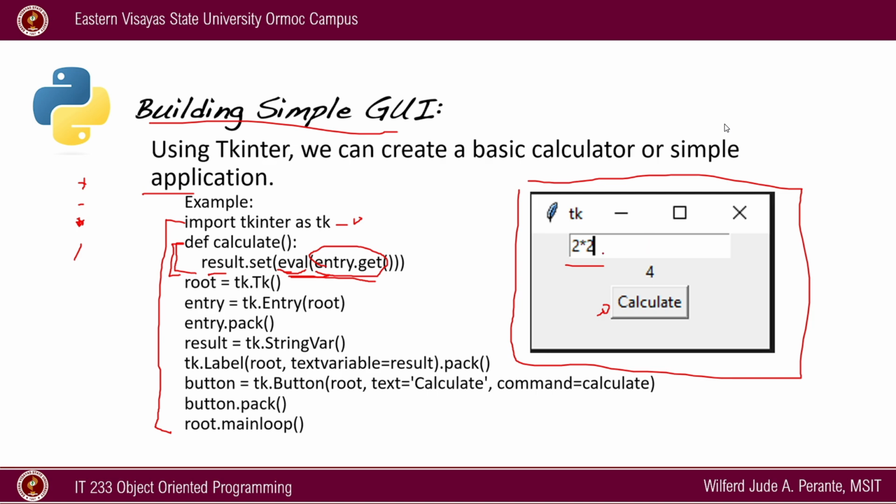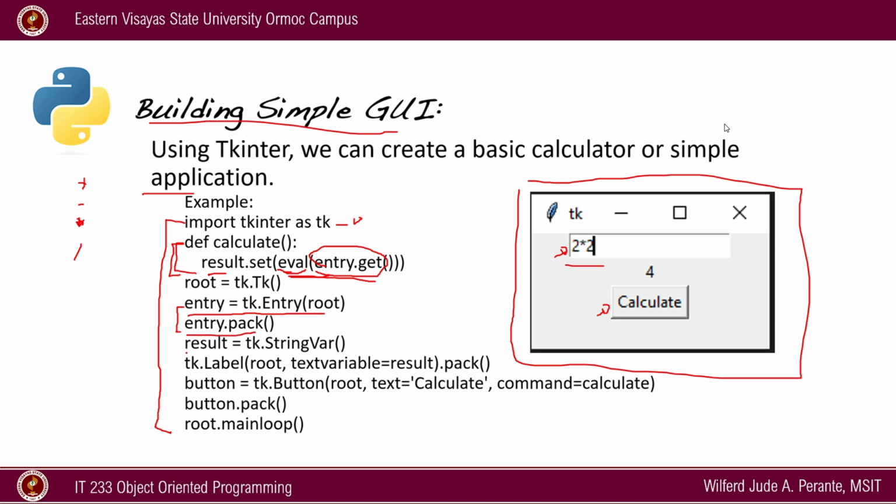So this is our function: the result set, eval, our entry get. So it gets our entry. So we have here our entry widget, which we are creating and displaying in our window.